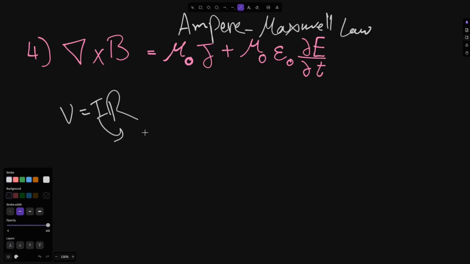So now we're gonna call it J. J is equal to coulombs over time, the amount of charge per time, or the charge per unit area. Let's consider this electricity as J. So the electric current J, we know that it's flowing in a wire.